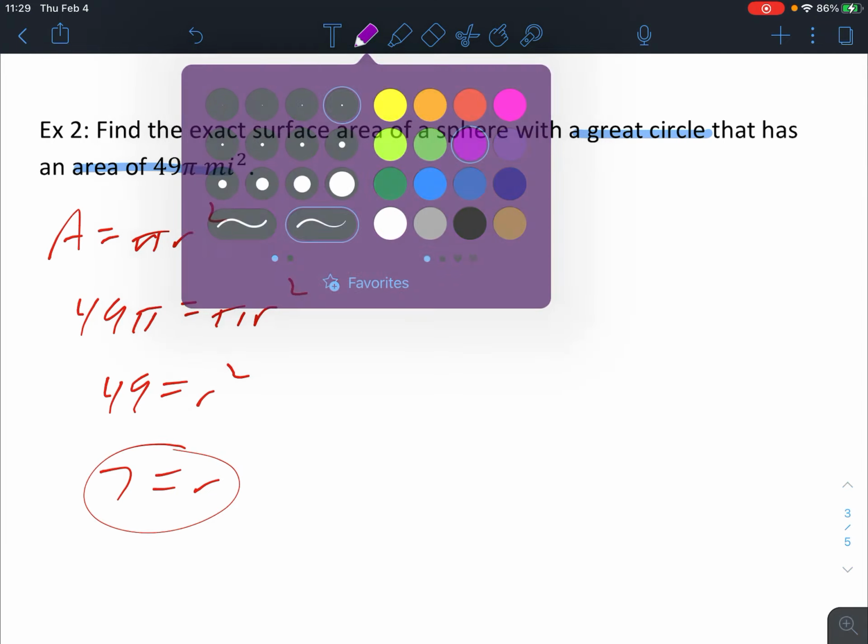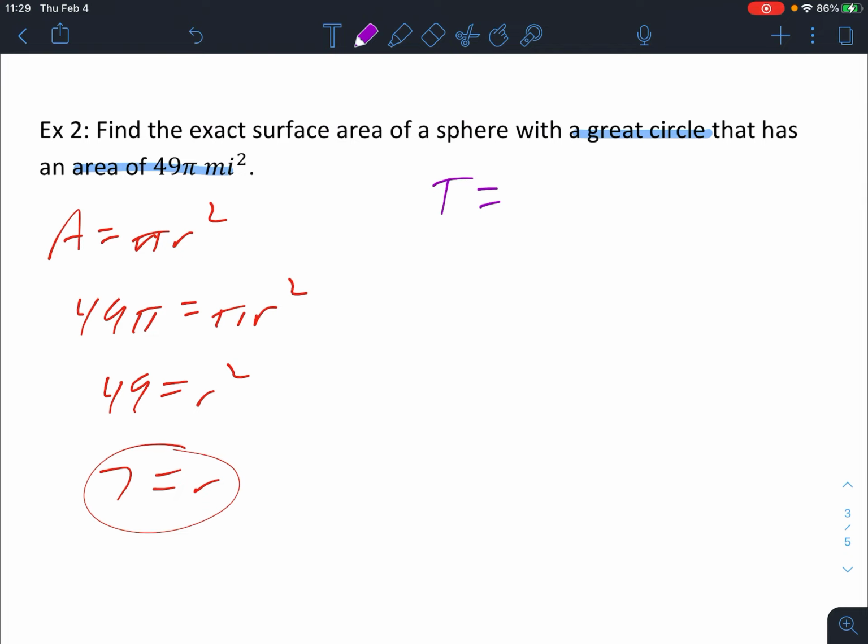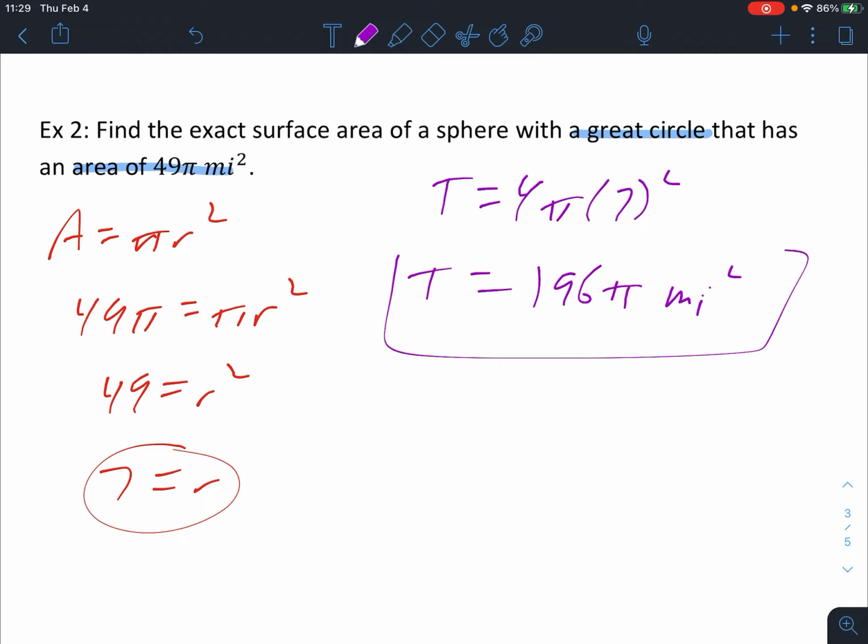And then we can go back into our sphere formula, which is 4 pi r squared, and we get a total surface area of 196 pi square miles.